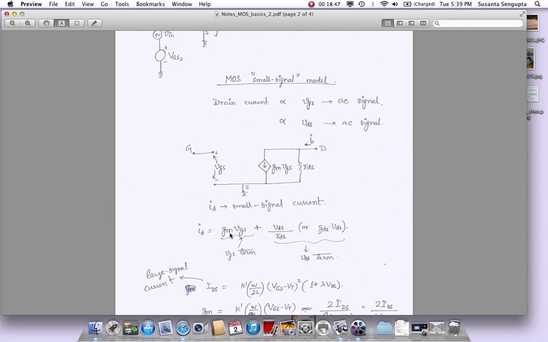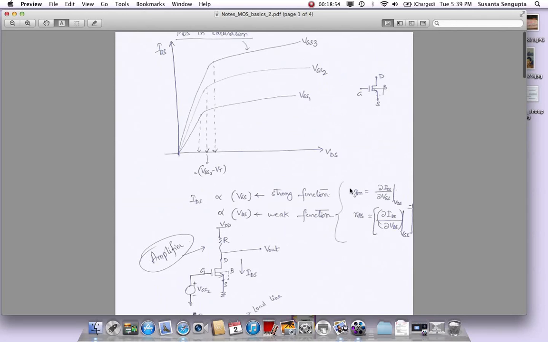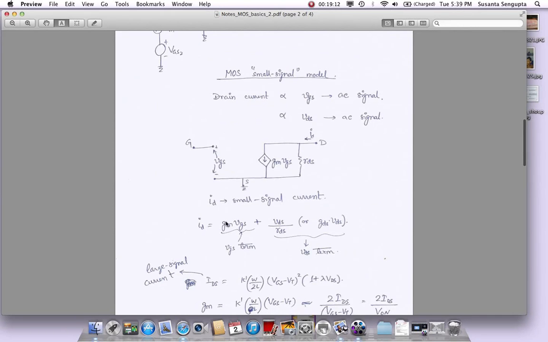We have seen this term gm before, and we have seen this term RDS before, which we defined right here. So gm is the derivative with respect to VGS at a particular VDS point. This is defined around a point when the perturbation is small. RDS is also defined this way, with respect to VDS. If we have those two terms, then the drain current is going to have one component, gm times VGS, which gives you the VGS dependency, and the VDS dependency.